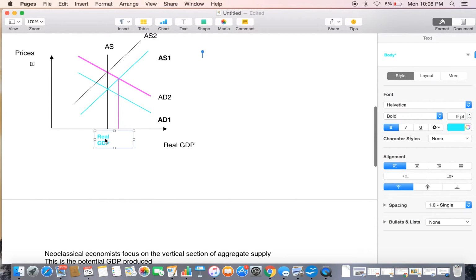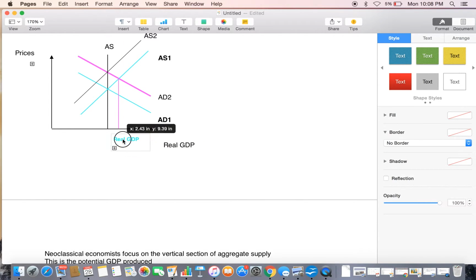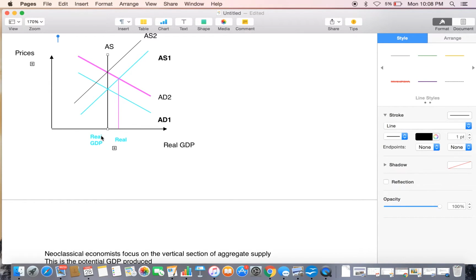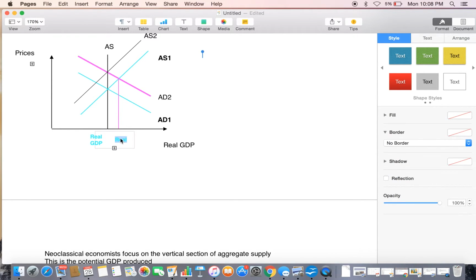So for a very short period of time, we're producing real GDP in excess of our potential real GDP as represented by AS, our long-run aggregate supply, and we're actually going to be producing above our potential.